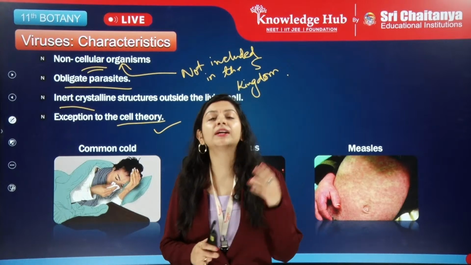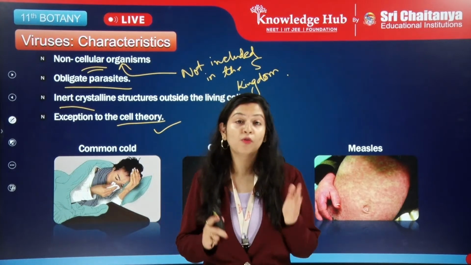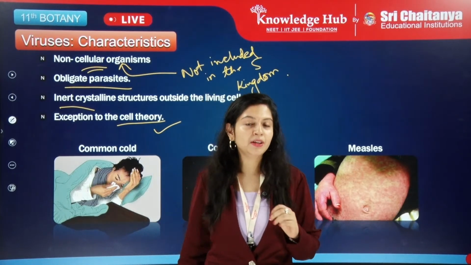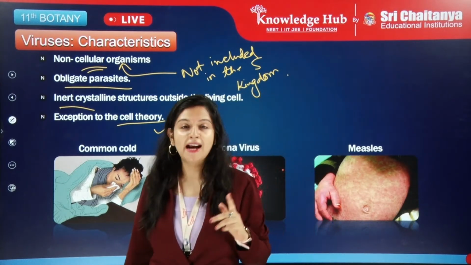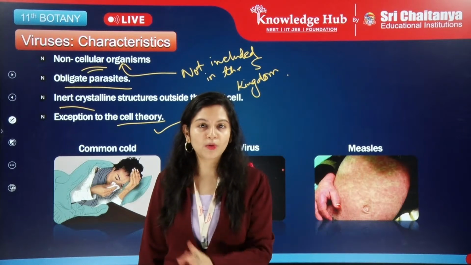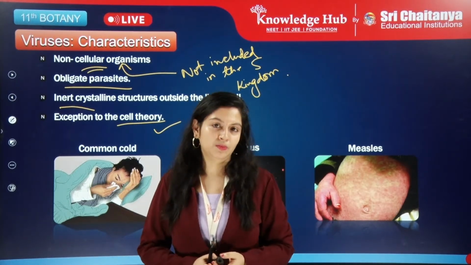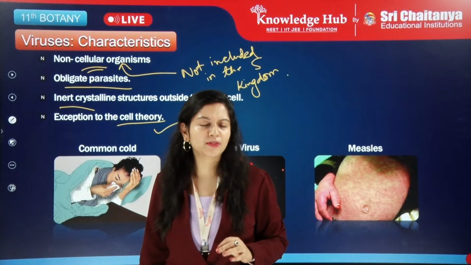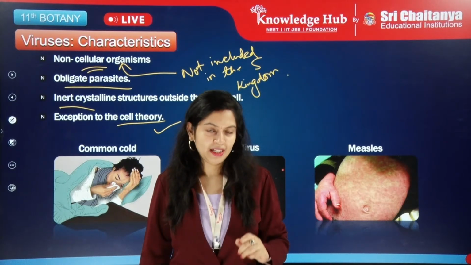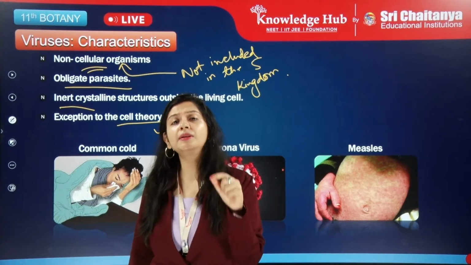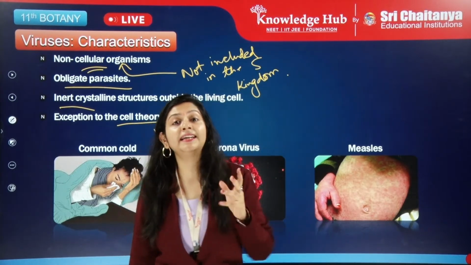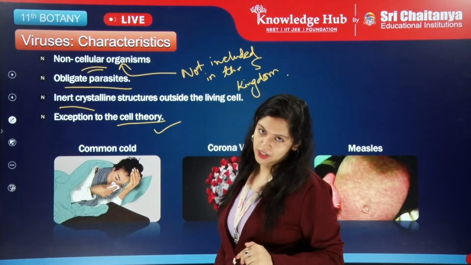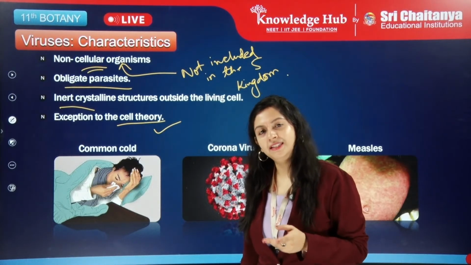Why are you catching cold so fast? Because at this time your body is a bit weak in the immune system, and the viruses are surrounding all around you. So whenever your immune system is a little weak, these viruses come and take over our machinery. In this way, they become living.